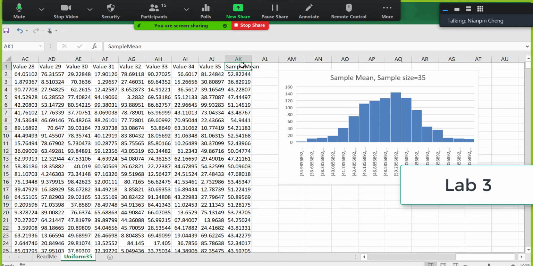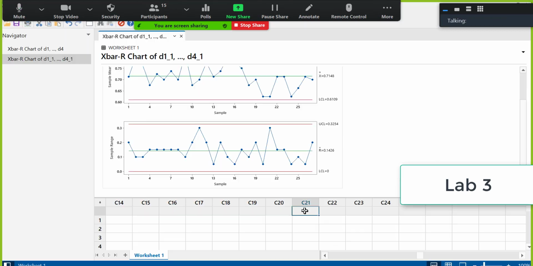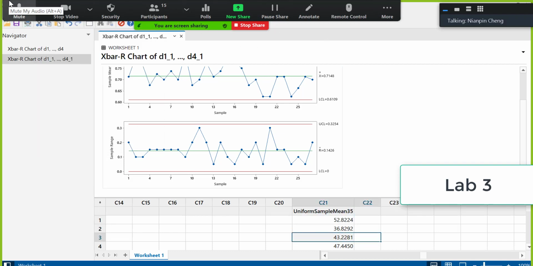So what I can do is go to Minitab. For this sample mean, I need to change the title to uniform, sample size 35. This is the uniform sample mean, with sample size 35, and then I can generate the histogram here.